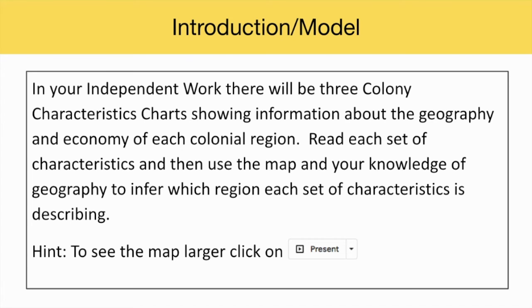Before we get into the stations activity, we'll ask students to read each set of characteristics and then use the map and their knowledge of geography to infer which region each set of characteristics is describing. You might ask students to work on this independently first, and then pair up with a partner, and then share out with the larger class.